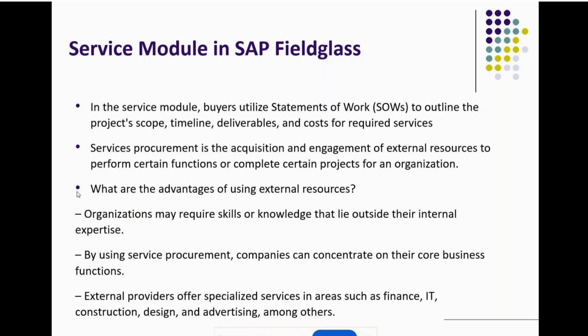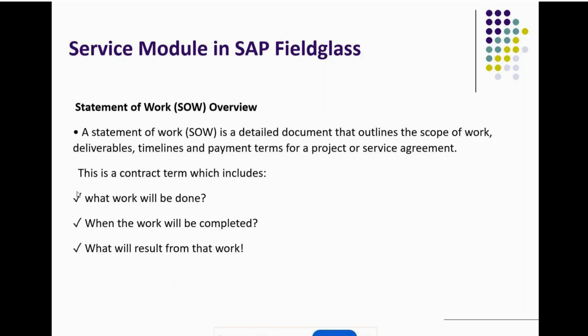So what are the advantages of using these external resources? As already discussed, an organization may require skills or knowledge that lie outside its internal expertise. We gave the example of a Python programmer. By using service procurement, a company can concentrate on its core business functions. Service procurement, you already know, involves the permanent employees of the organization. All of this we can do in the SAP Fieldglass SOW module.